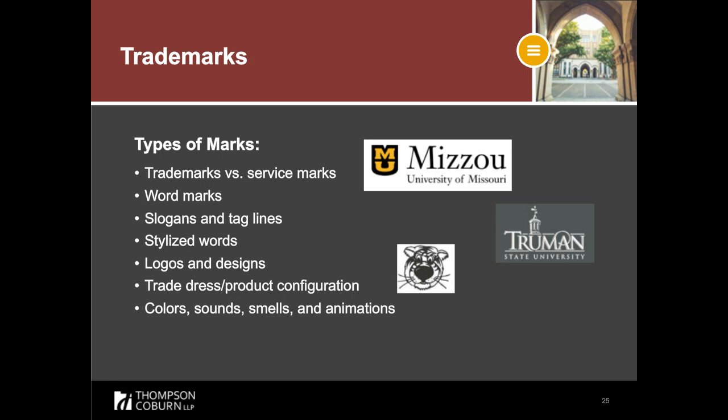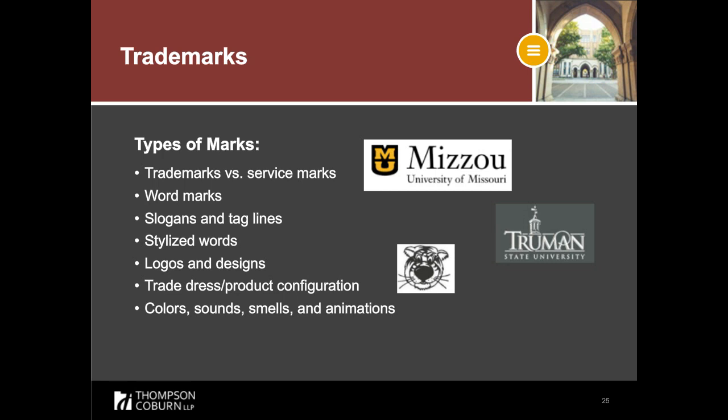And there are word marks, like I mentioned, Thompson Coburn is our particular name for our legal services, but then you could also have slogans and taglines and particular stylization. In the university context, I've included up here some trademarks from my alma mater, and you'll see that sometimes the mascot can be used as a trademark.